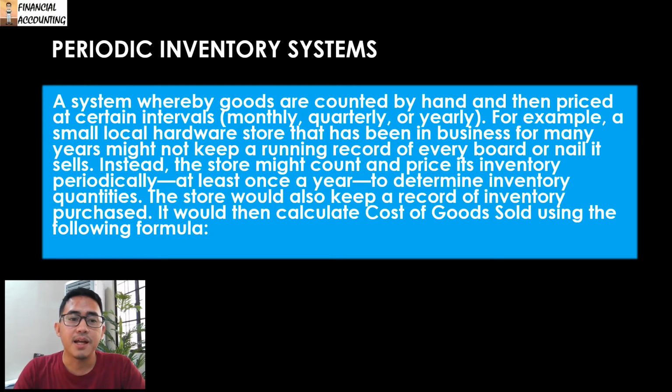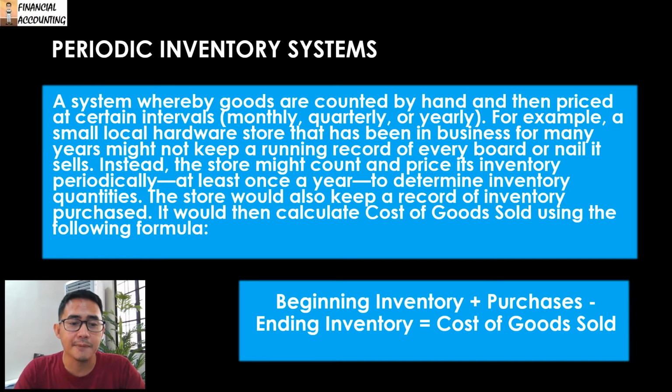For example, a small local hardware store that has been in business for many years might not keep a running record of every board or nail it sells, because those are relatively small in value. Instead, the store might count and price its inventory periodically, at least once a year, to determine inventory quantities. The store would also keep a record of inventory purchased. It would then calculate cost of goods sold using the following formula.